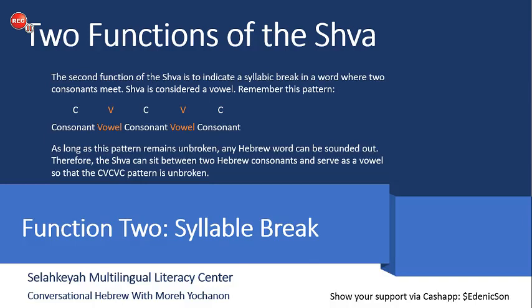As long as this pattern remains unbroken, any Hebrew word can be sounded out. Therefore, the Shva can sit between two Hebrew consonants and serve as a vowel so that the CVCVC pattern is unbroken.